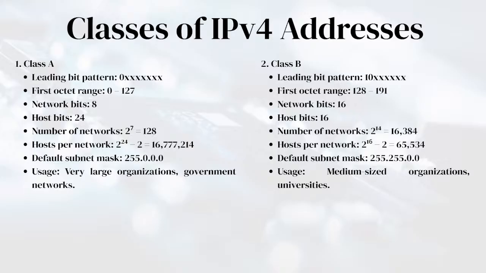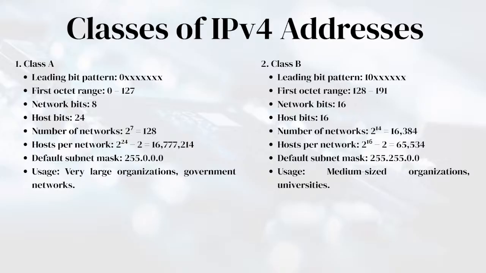Hosts per network is 2 raised to 24 minus 2. The default subnet mask for class A is 255.0.0.0. Class A is generally used in very large organizations or government networks.